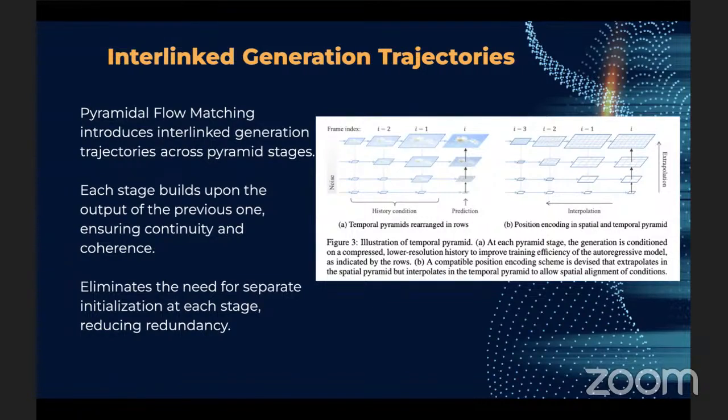So this means that we're upscaling the downsampled data at higher rates and then again adding noise. So the flow trajectory would be more consistent and straight. It eliminates the need for separate initialization at each stage and it reduces redundancy.